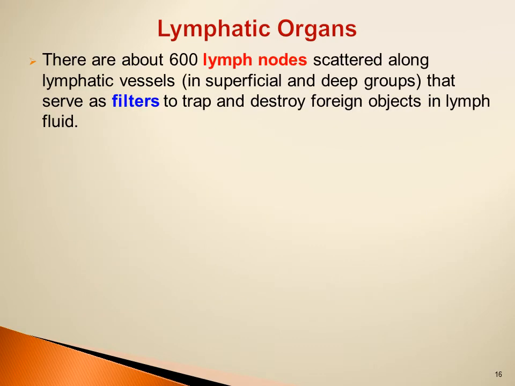Among the secondary lymphatic organs are the lymph nodes. There are about 600 lymph nodes scattered along lymphatic vessels in superficial and deep groups, and they serve as filters to trap and destroy foreign objects in lymph fluid.